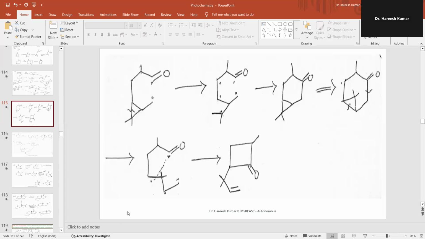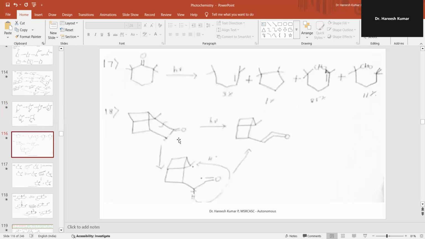Then a radical here, a radical here, and this is again a radical. And this can undergo cyclization forming cyclobutane, allyl cyclobutanol is the product. I will go to the next slide.